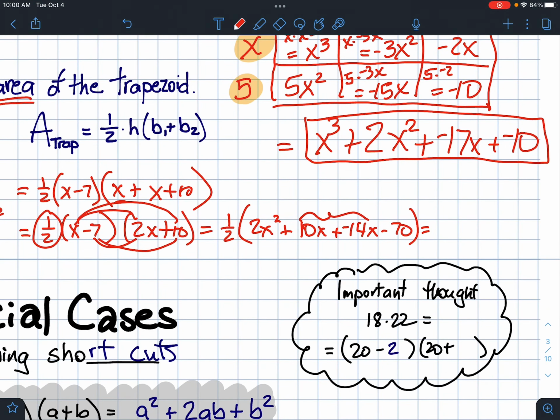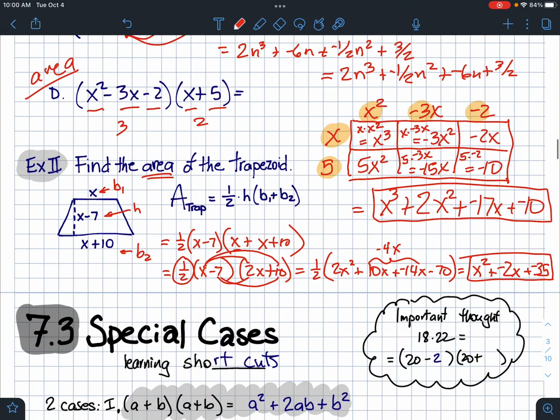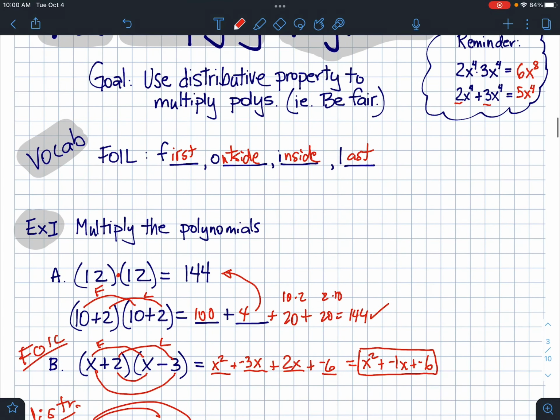These two combine together to give me -4x. And now we multiply them all by a half, and I get x squared plus -2x plus -35. All right, there it is. So a kind of a long lesson here on how to multiply polynomials.